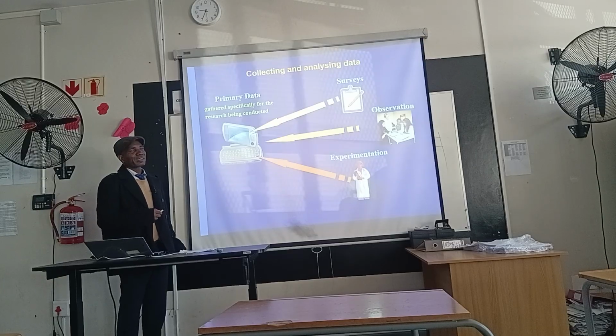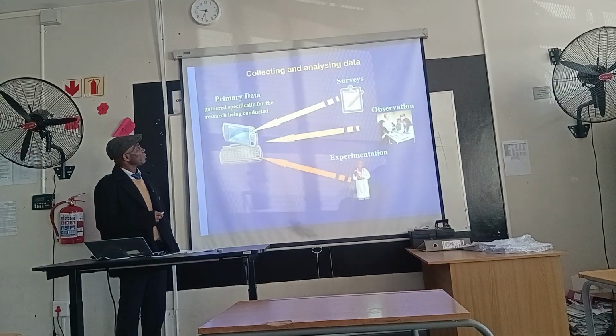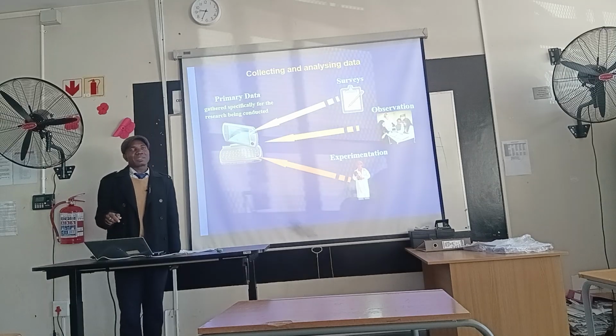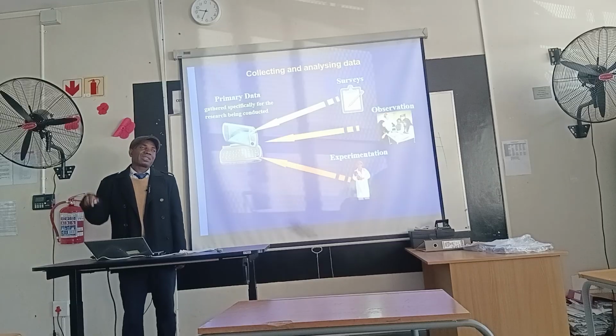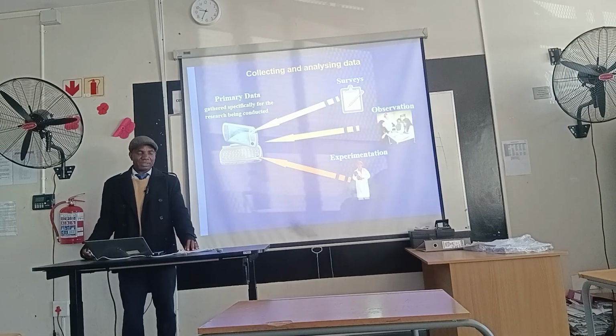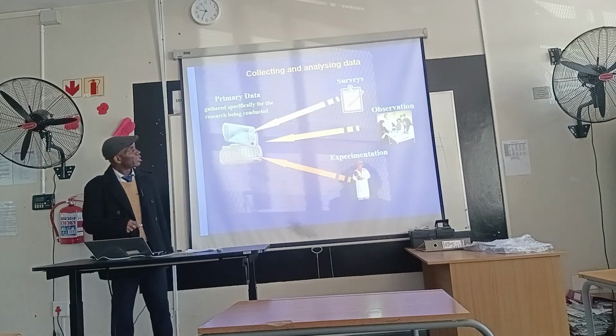I think even yesterday I explained this to you, whereby I explained that we have what we call primary data, which is data gathered specifically for the research being conducted. It's original data that you went out to the field to obtain from the respondents or from your target group.